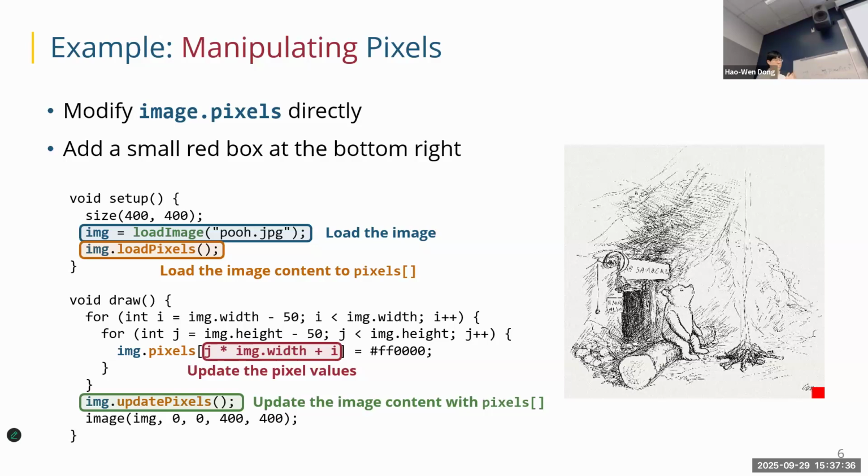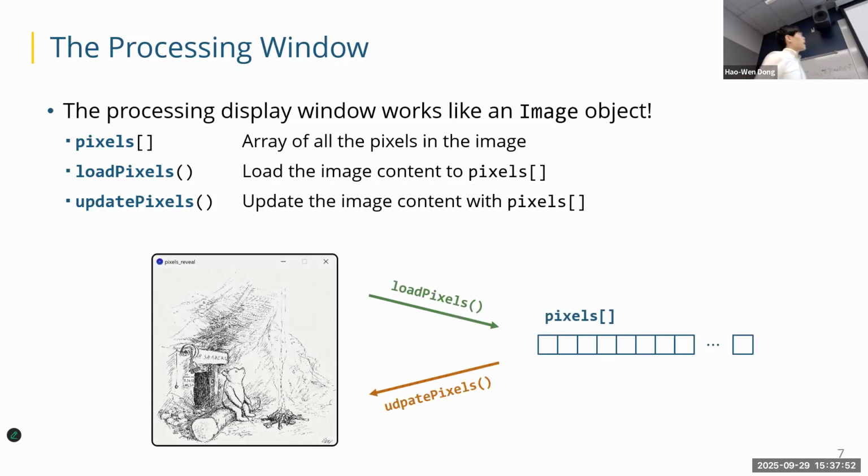Processing is a bit tricky because it's not like you update the pixel array and it will be reflected in the image. You have to explicitly code loadPixels and updatePixels to work with those. But again, that's pretty much it. You have an image, you can loadPixels, and you do updatePixels to get back.